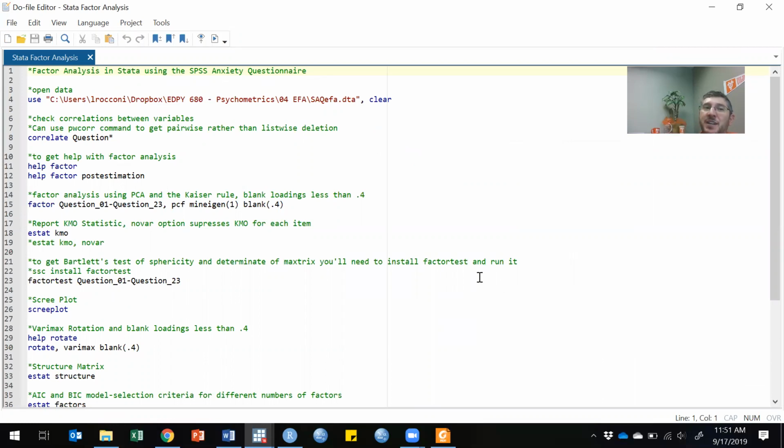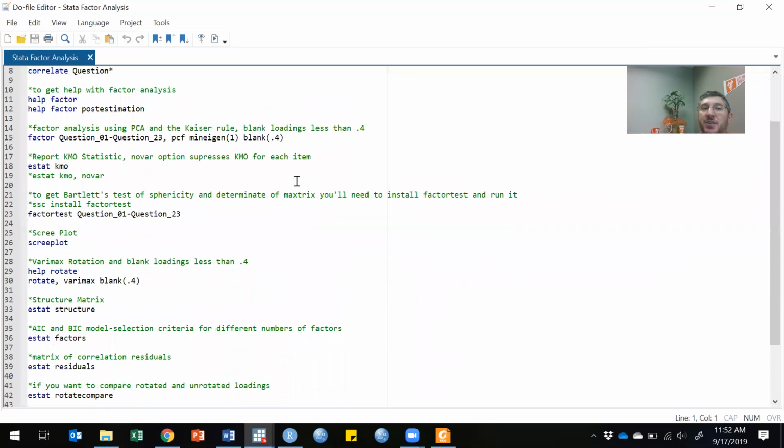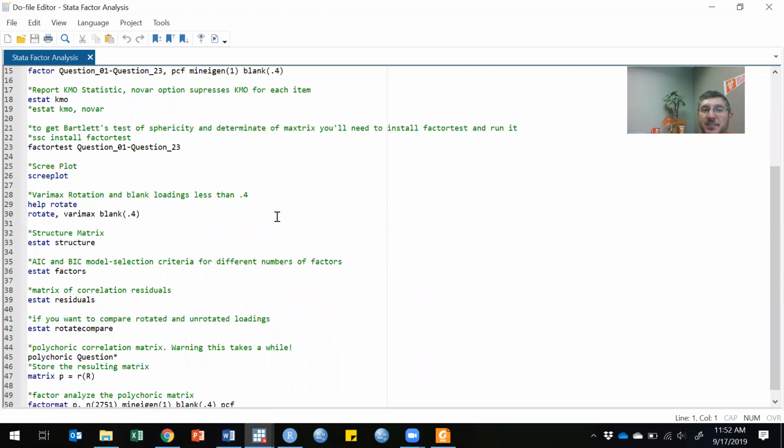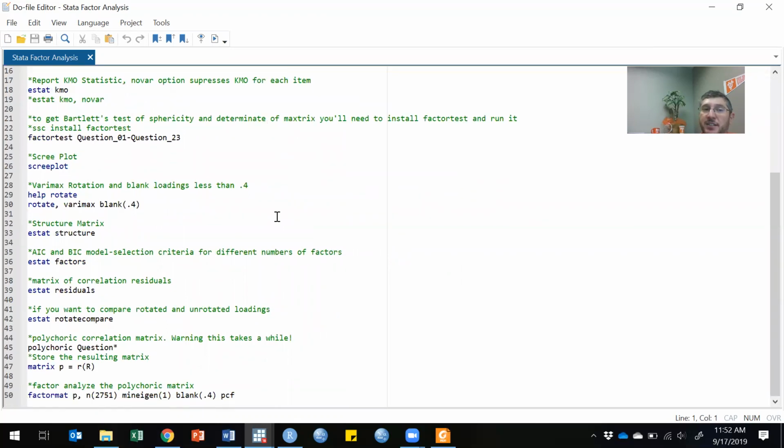I don't comment the Stata syntax as much as I did the R one, but you can follow along the same way. I would definitely recommend reading the help menu for factor and the post estimation commands for it as well. You can see the same process we went through in this video, and you go through it with Stata as well.